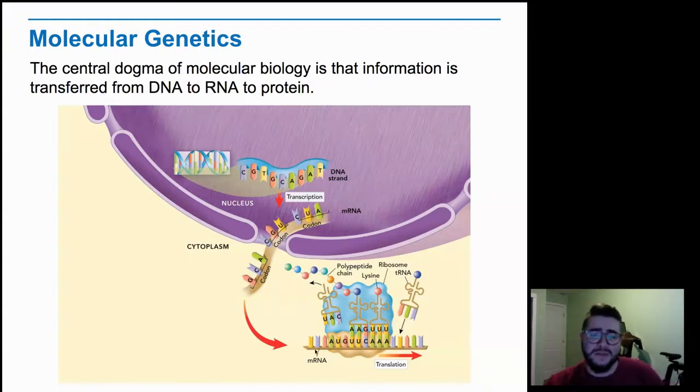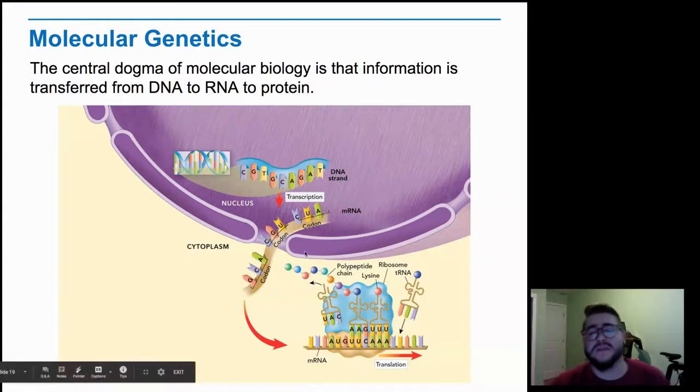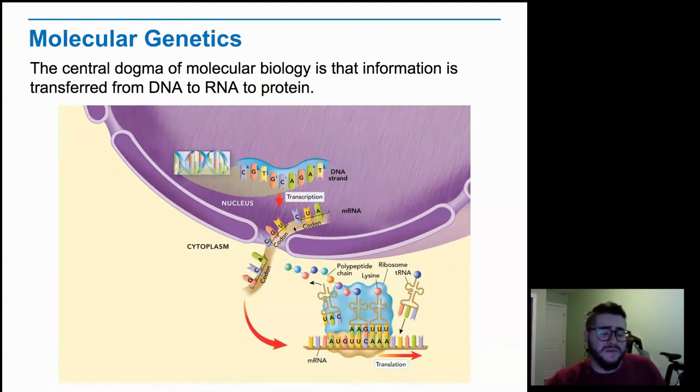And then that polypeptide chain can be combined with other things along with other polypeptides and folded into specific shapes and turned into proteins, which we already know proteins have a plethora of jobs that they do in the body, right? And so this is the process which basically your body is doing continuously throughout your life without you even knowing.